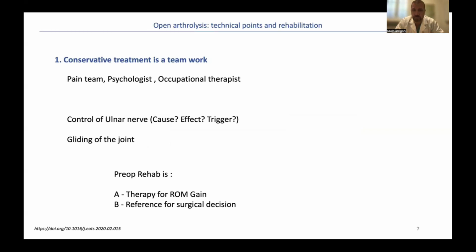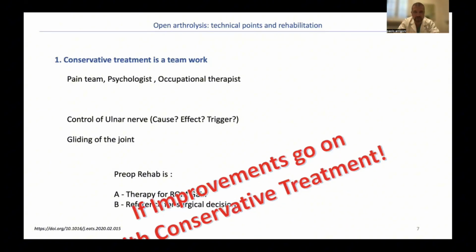Treating an elbow is teamwork, in which there is a team: pain team, psychologist, occupational therapist, or sometimes a single person can be all of these figures, but you have to understand the needs of the patient to try to help the patient. The ulnar nerve always plays a role because it can be a cause or the effect. We never know which it is more.